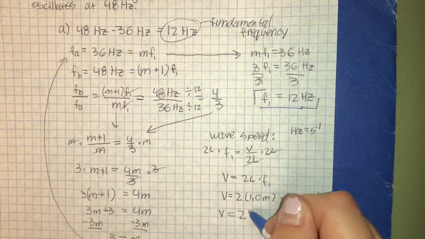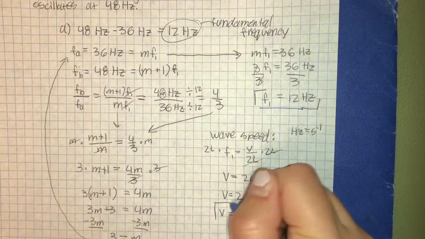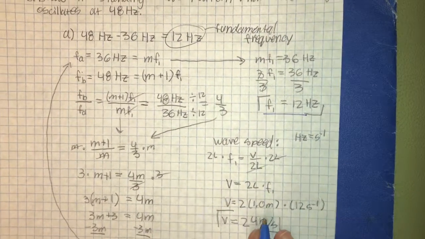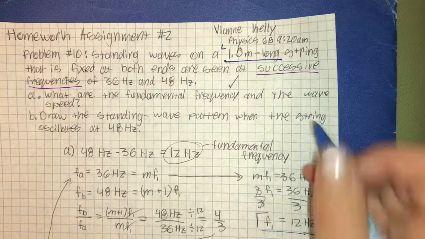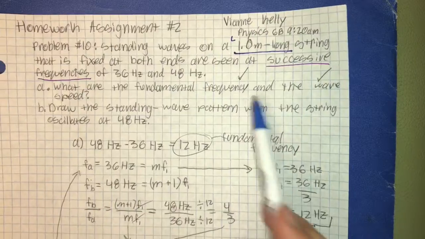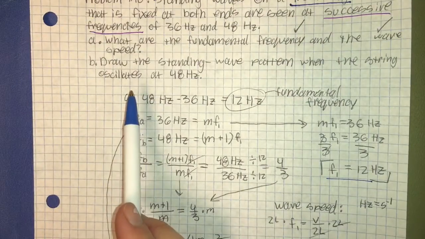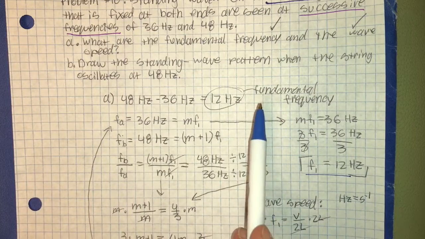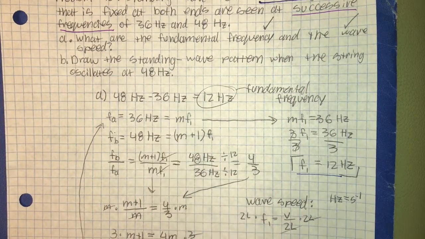So that equals 24 meters per second. And that completes part A for us. We have our frequency, we found our wave speed. Now we're going to draw the standing wave pattern when the string oscillates at 48 hertz.